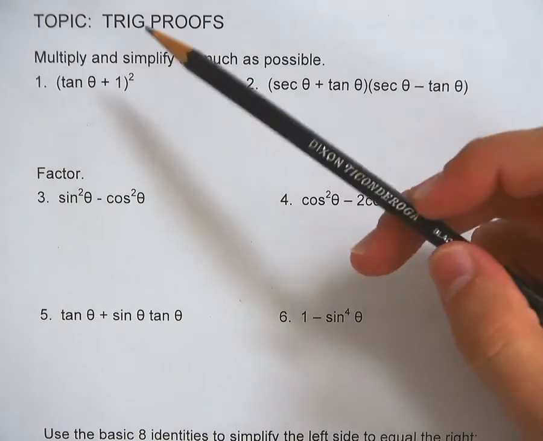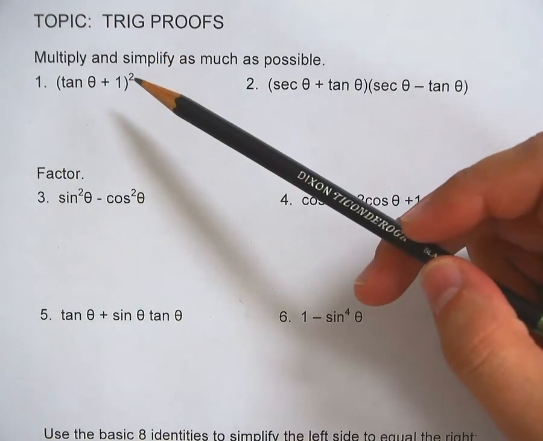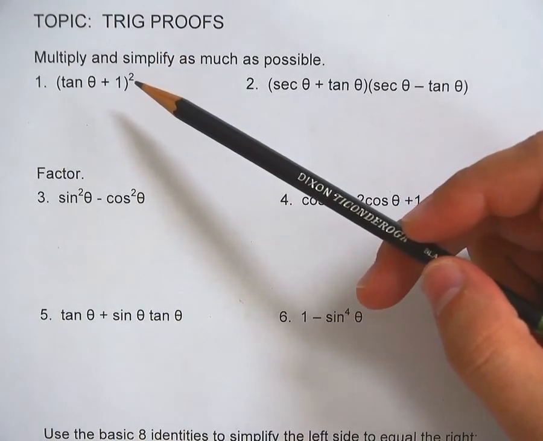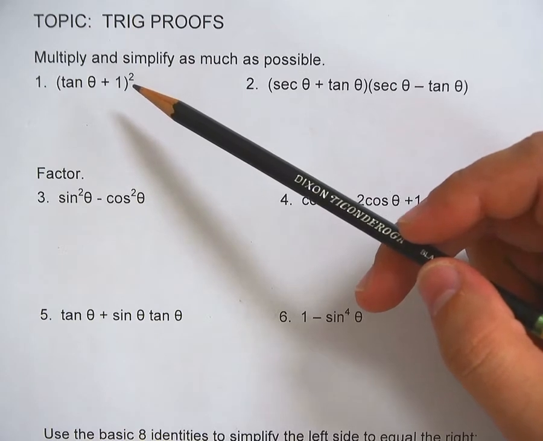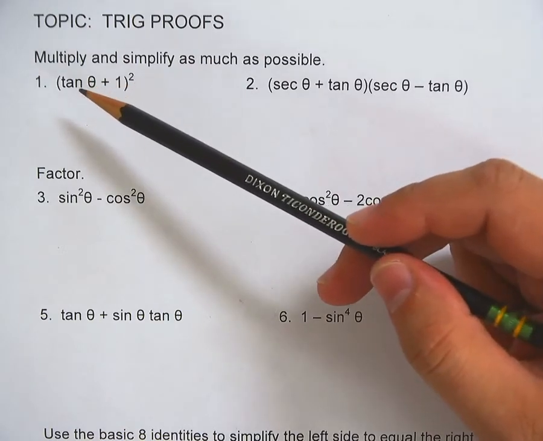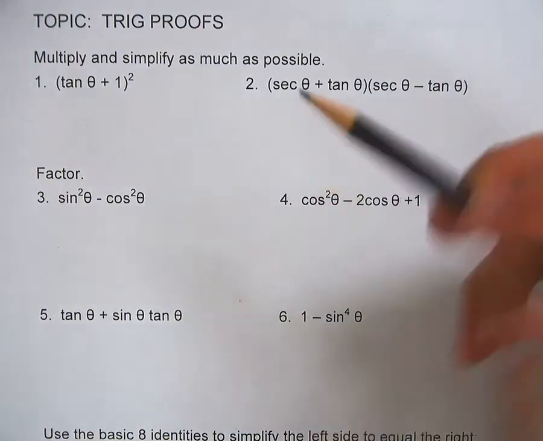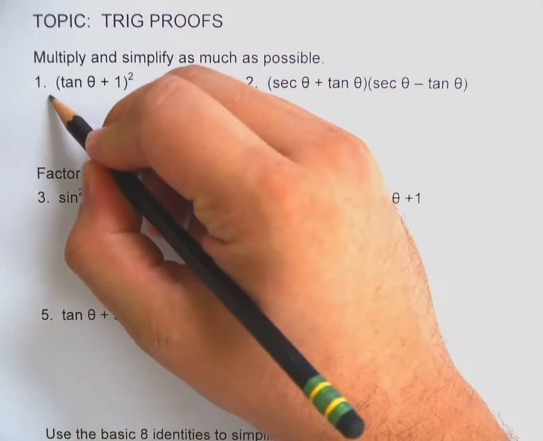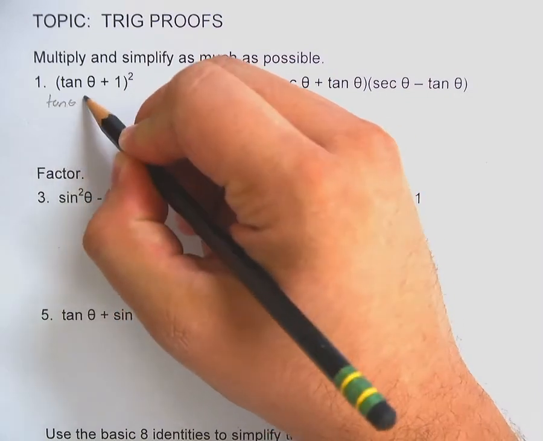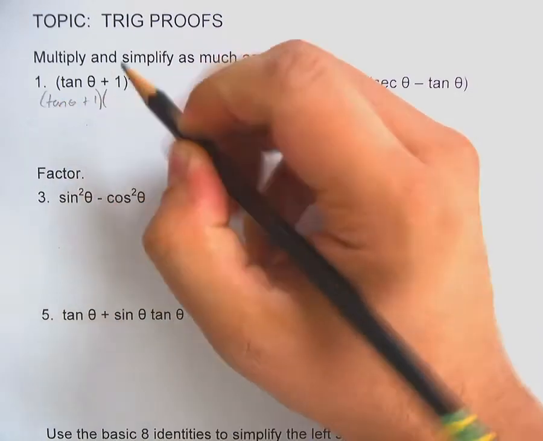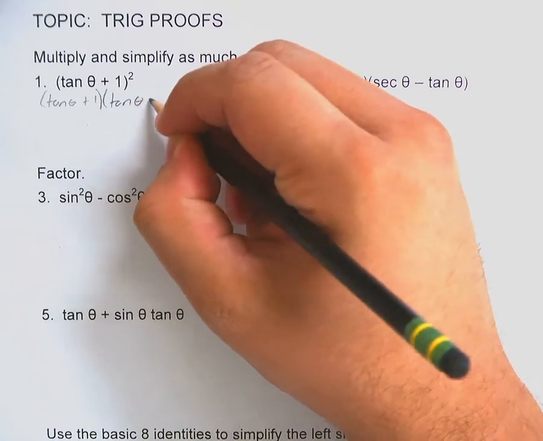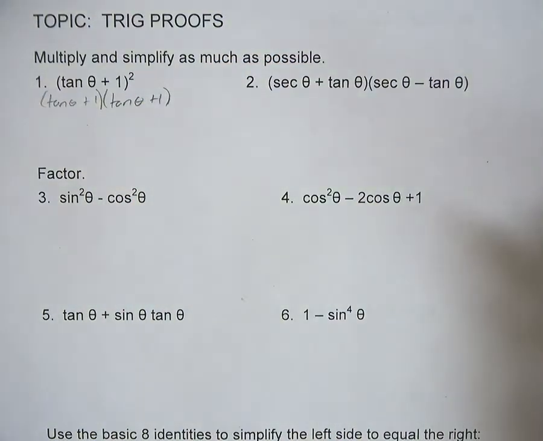We don't just take that square and put it everywhere. Instead, we are going to take tangent theta plus 1 and multiply it by itself. That's what a square is, right? So this is actually tan theta plus 1 and tan theta plus 1.